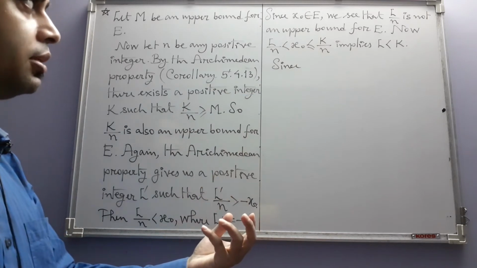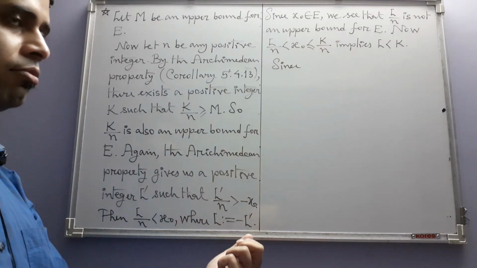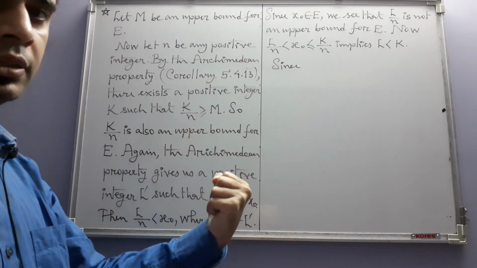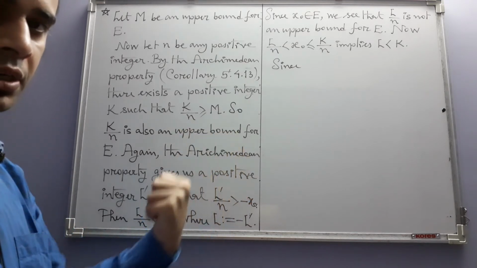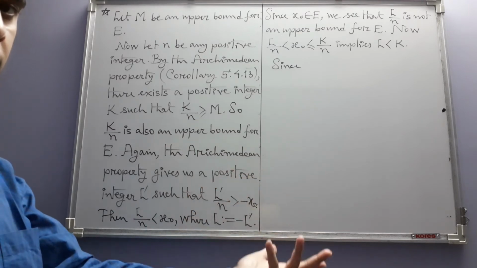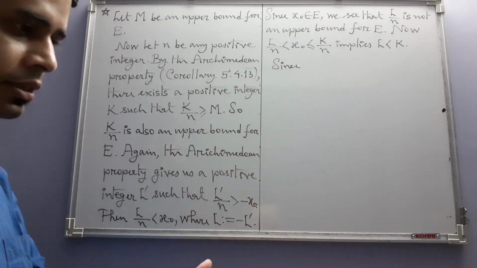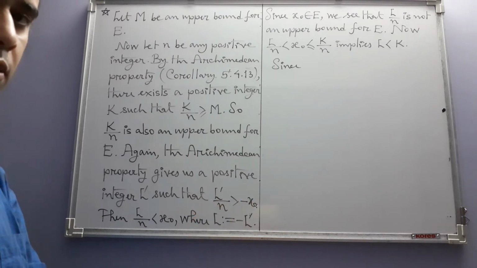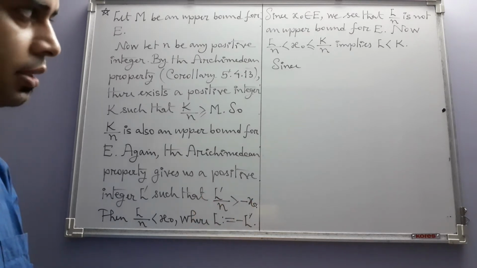In that boundary, on one side we will find an integer such that that integer divided by n will not be an upper bound for E. But if you increase that integer by 1, then that divided by n will be an upper bound for E.